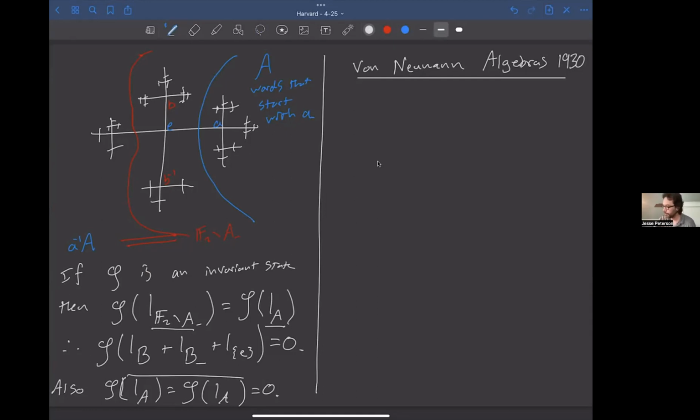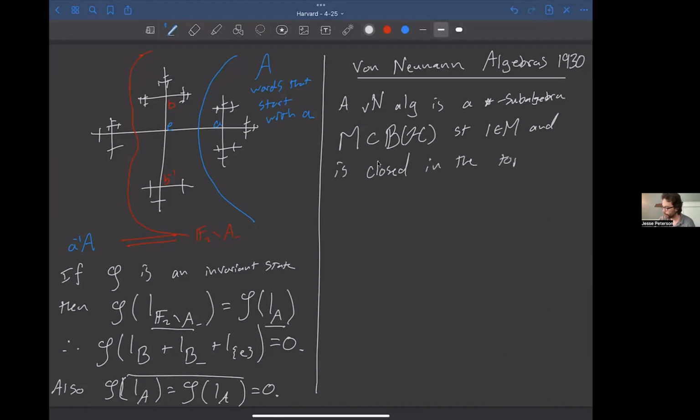But let me first give the definition. A von Neumann algebra is a star subalgebra, let me give it a name, say M, of bounded operators on a Hilbert space, such that it contains the identity element and is closed in the topology of pointwise convergence.